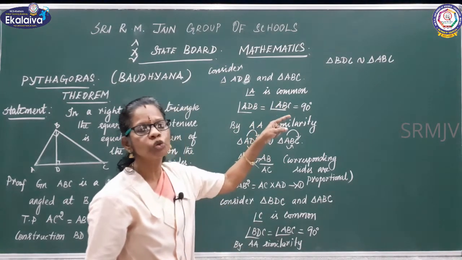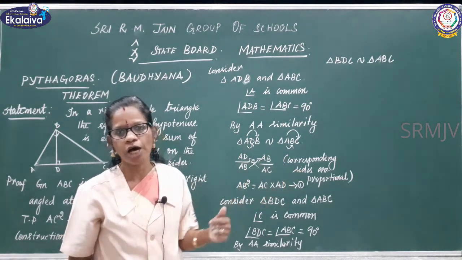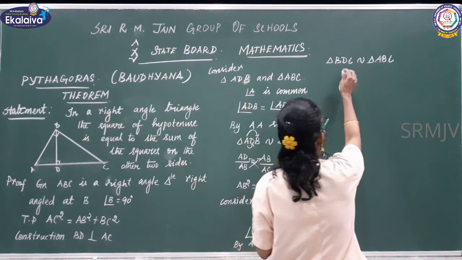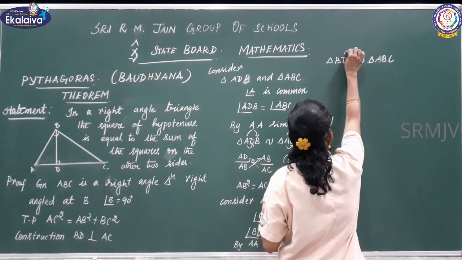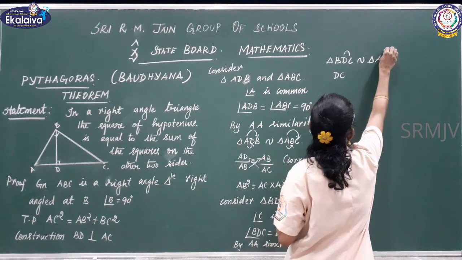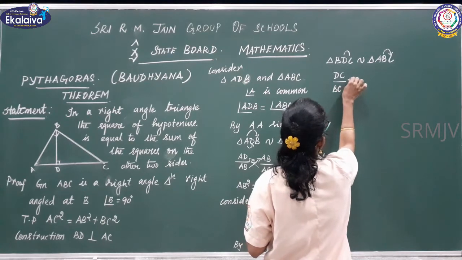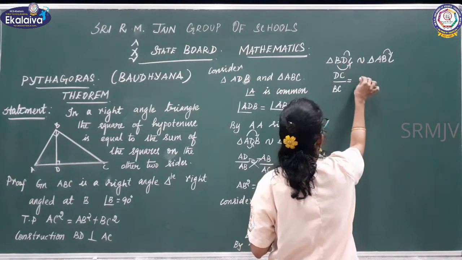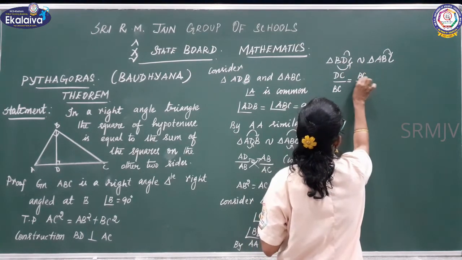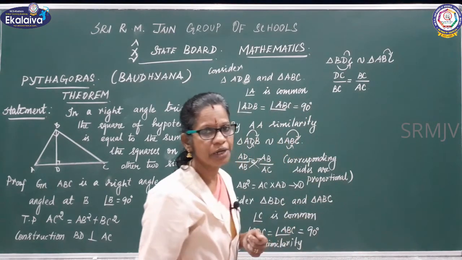If you say these two triangles are similar, you can use the condition as corresponding sides are proportional, right? See here, DC divided by BC equal to BC divided by AC.